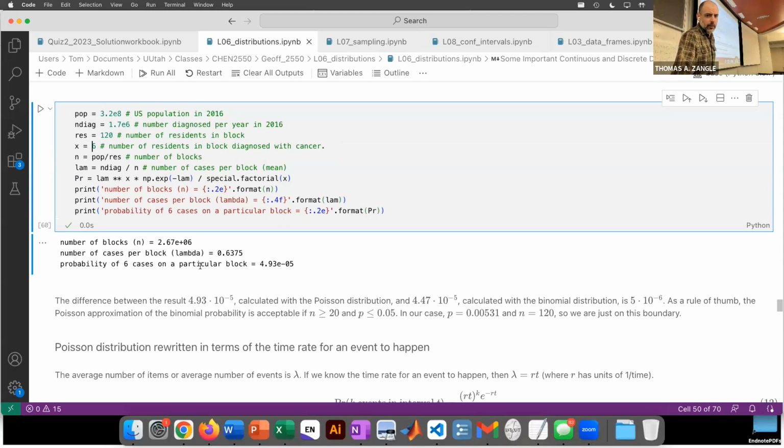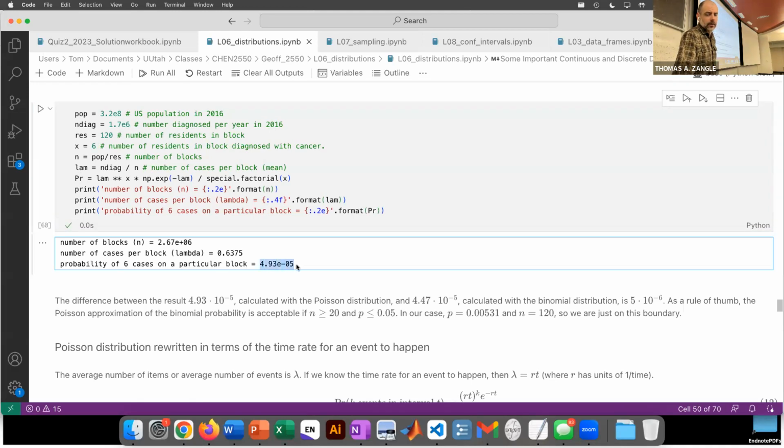What we end up with is a probability of 6 cases on a particular block of 4.9 times 10 to the minus 5, which is pretty close to 4.5 times 10 to the minus 5. We were considering the number of cancer cases within a population of 120. This number was getting large enough that the Poisson distribution gets pretty close to binomial.